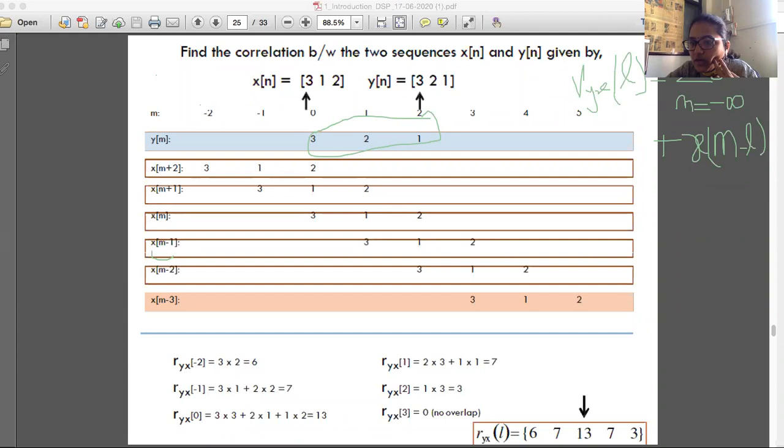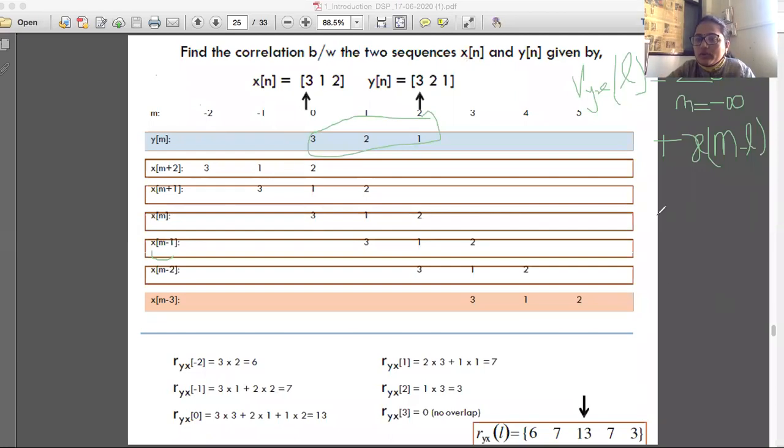So we are supposed to find out the value of L. How many points we are supposed to shift the sequence on the left hand side, and how many points on the right hand side? This is what we have to decide, and that shifting parameter is represented by L.